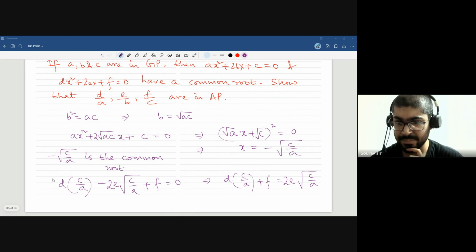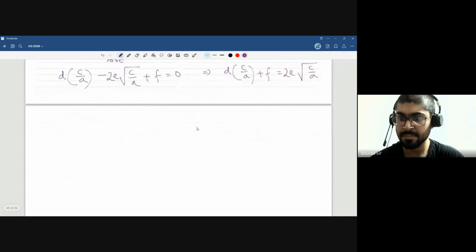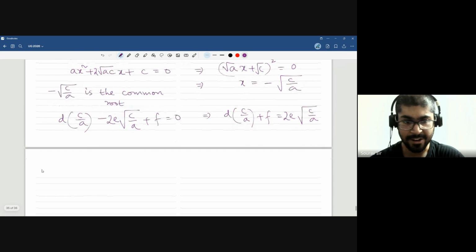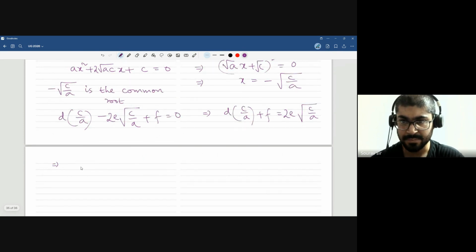Try. See what happens. You can just write the whole square, right?